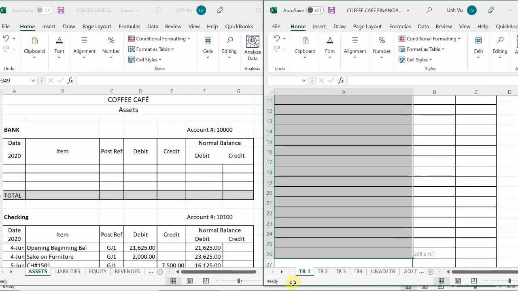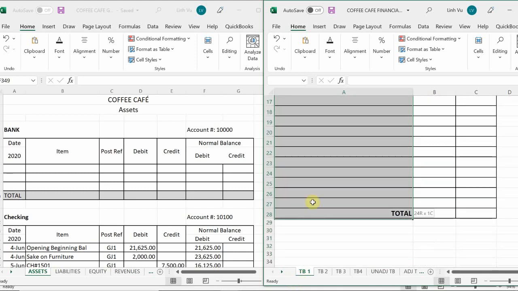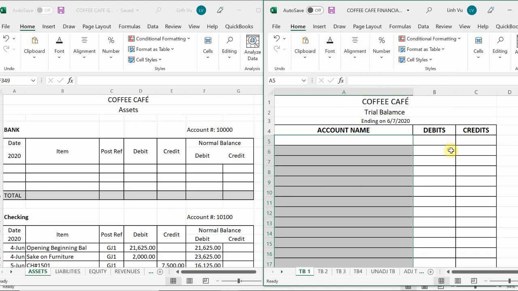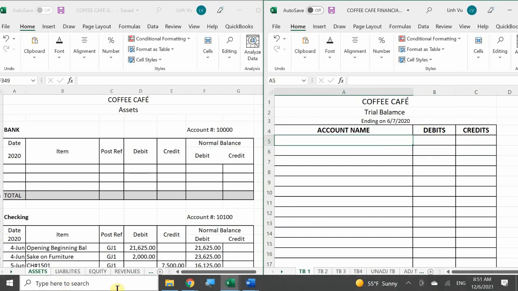It also has a column for debits and credits. So that's exactly what we're going to do here. We're going to go through every single account in order, page by page, and copy down whatever account has a current balance.